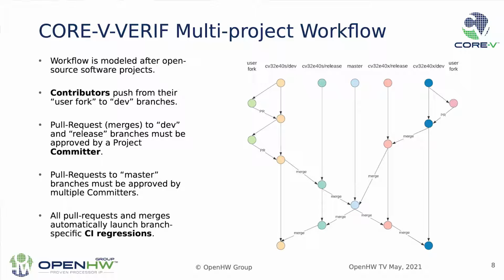So the development branch is stable, but not guaranteed to pass a full-up regression. A release branch will pass that full-up regression, and nothing makes it onto the master branch unless it's complete at some level. Okay, and with that, I will pass things off to my colleague, Aimee Sutton at Metrics, who's going to talk about the details of how this CI workflow actually goes.